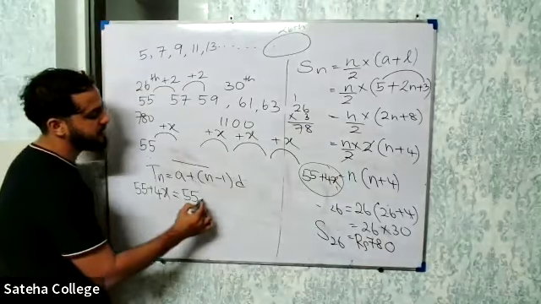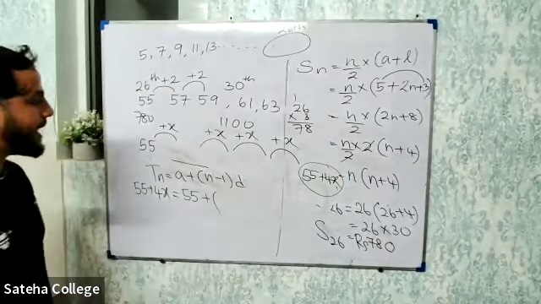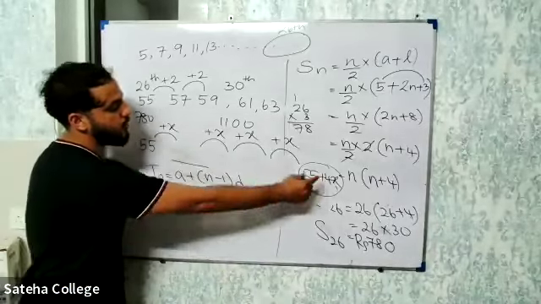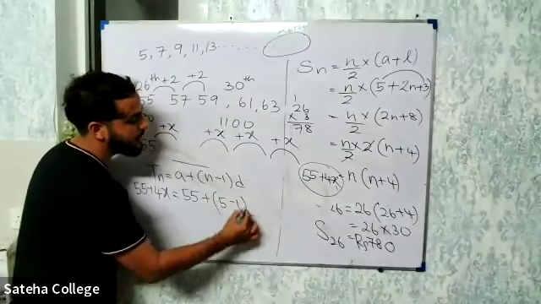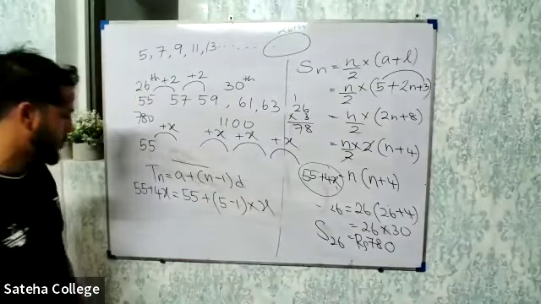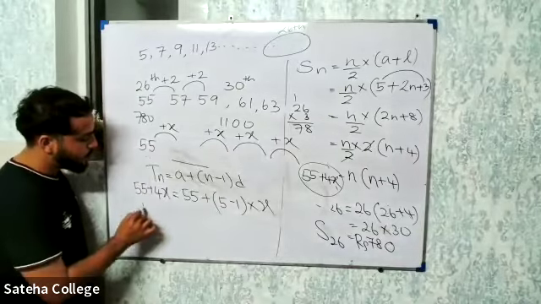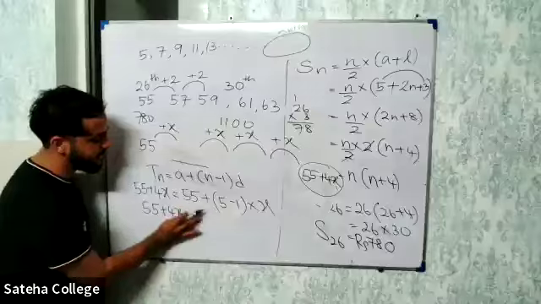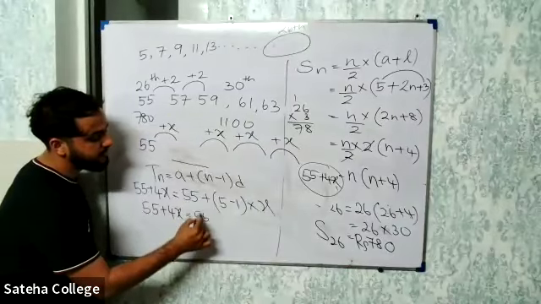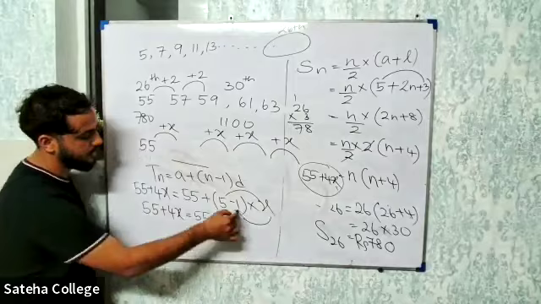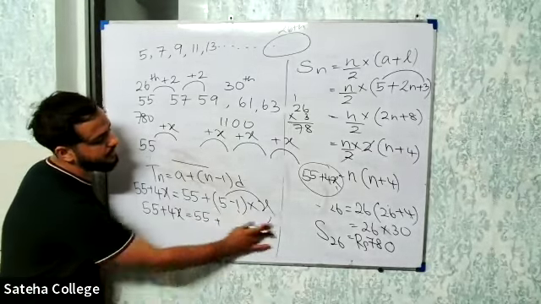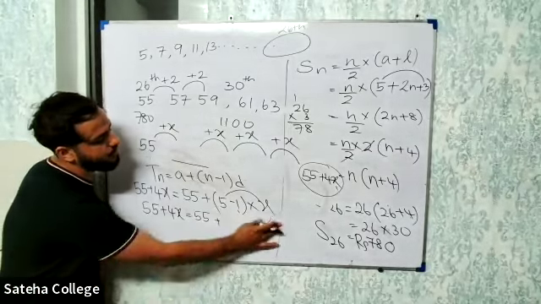For the first term, we have 55 here plus n minus 1, so then 1, 2, 3, 4, 5. 5 minus 1, the common difference is equal to x here. All right. So we have 55 plus 4x, that is equal to 55 plus, open the bracket, 5 minus 1 into x. So then 4, we can do this, right? Okay, we're going to equalize on both the sides. No, that won't work out.